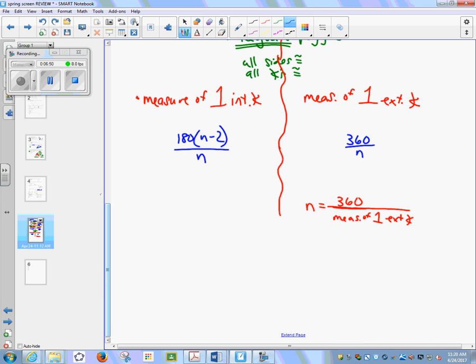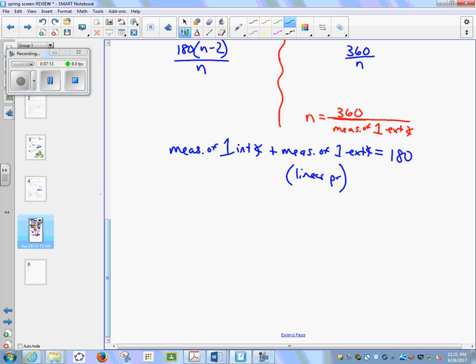Okay. The other thing, though, you did remind me, remember that the measure of one interior angle plus the measure of one exterior angle equals what? 180, because they're a linear pair. So remember, we had two different ways of solving some of these problems.